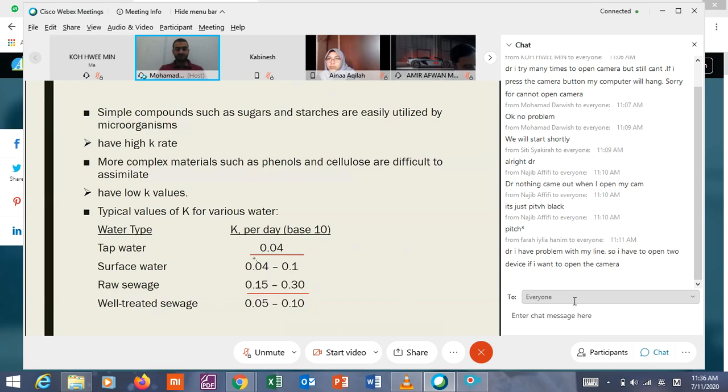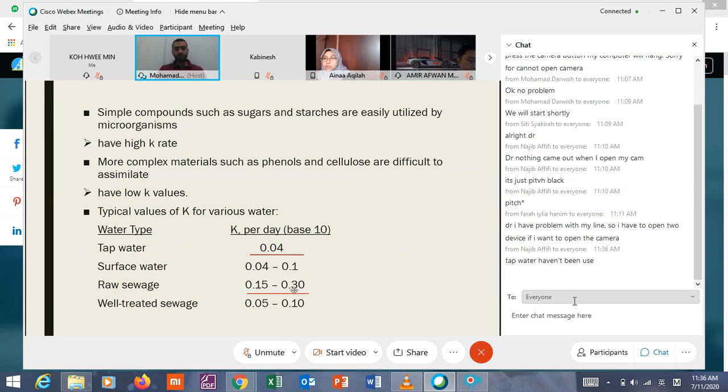For the tap water it is 0.04. For the raw sewage, or the wastewater before treatment, it can reach up to 0.3. So can you guess why this difference? Why here the K is low and why there the K is high? Can you write in the chat? Write in the chat if you have any answer.